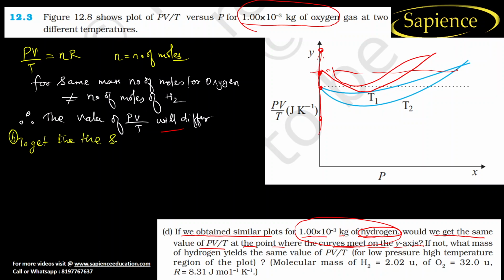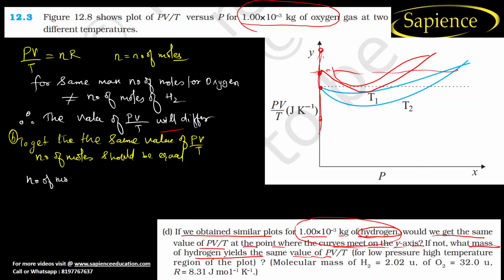To get the same value of PV by T, the number of moles should be equal. As the question says, we want the mass of hydrogen that yields the same value of PV by T. So the number of moles of H2 is equal to the number of moles of O2. So the number of moles of H2 is equal to how much?